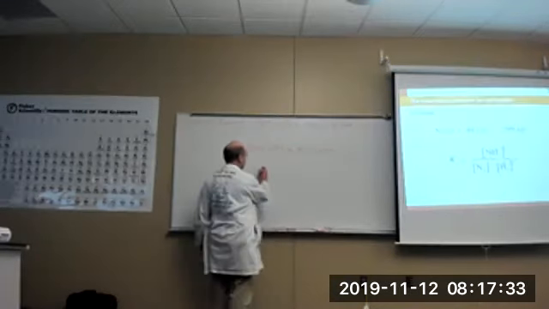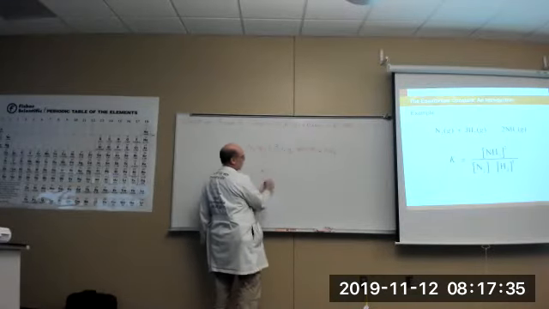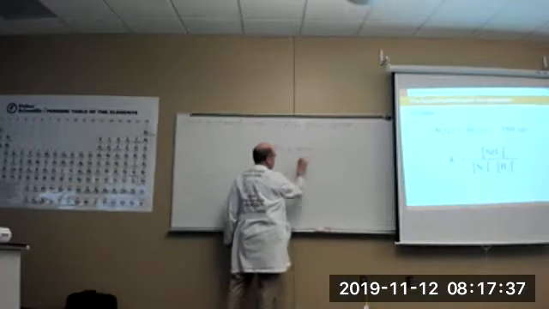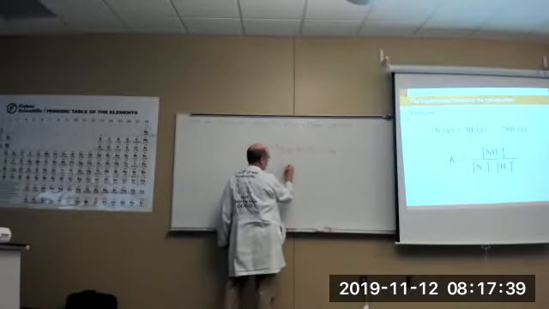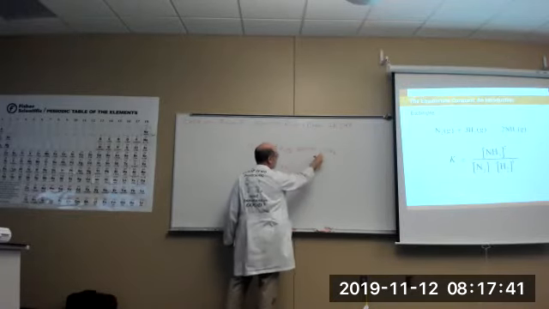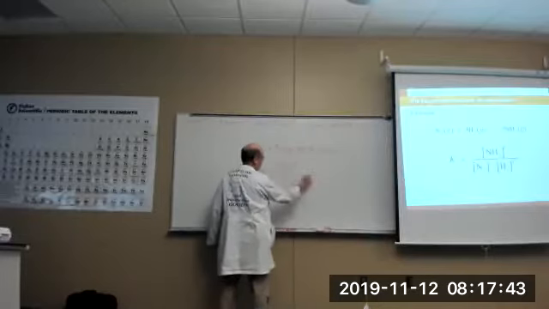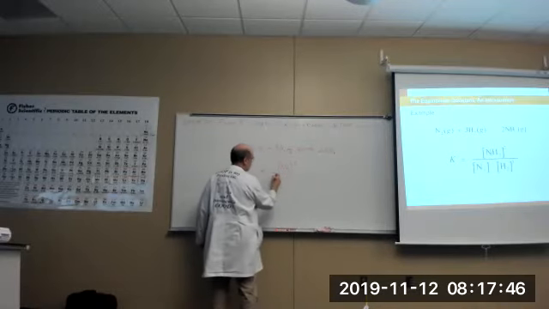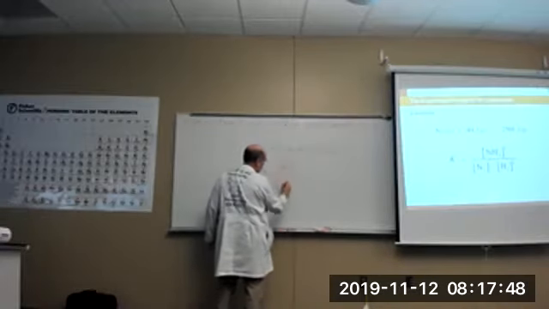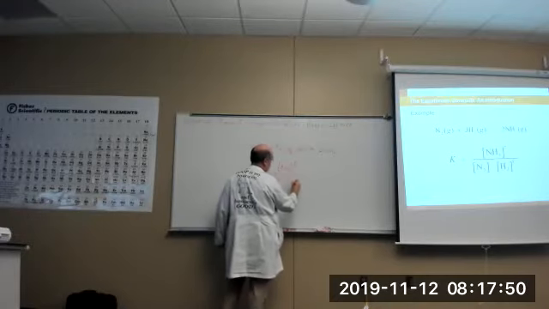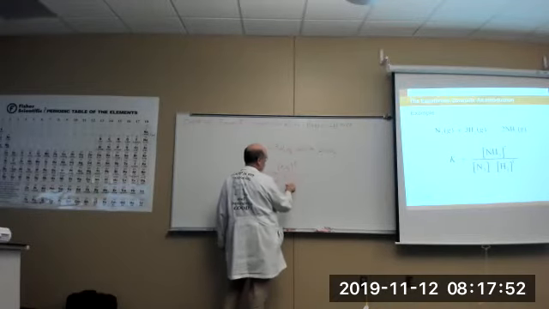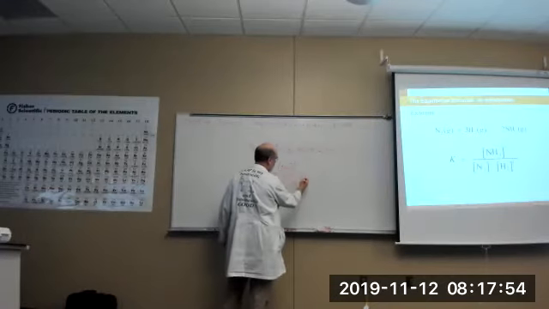So the K value then would be the concentration of ammonia to the second power divided by the concentration of nitrogen to the first power times the concentration of hydrogen gas to the third power.